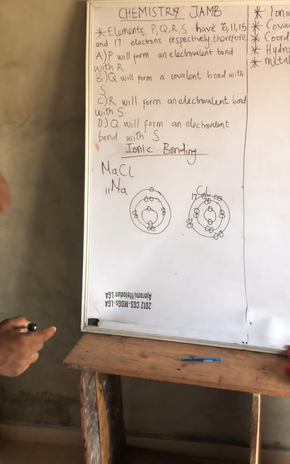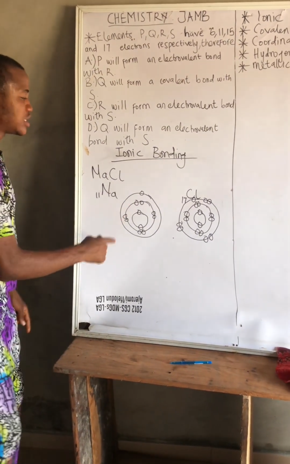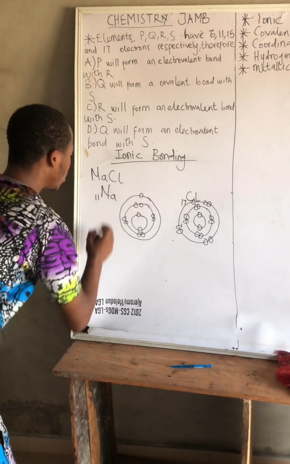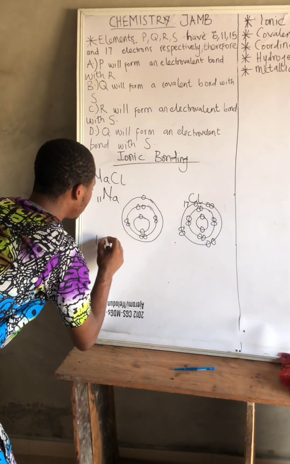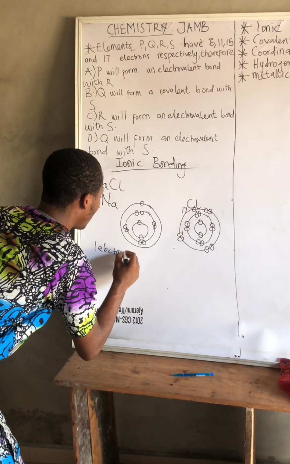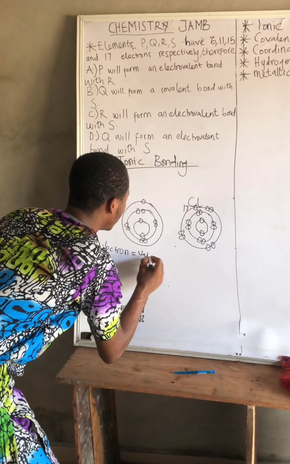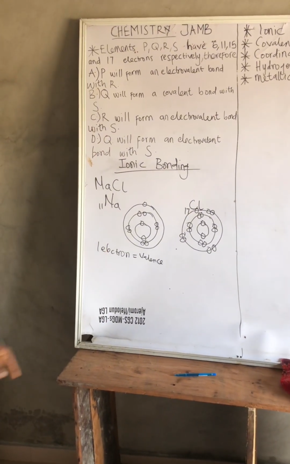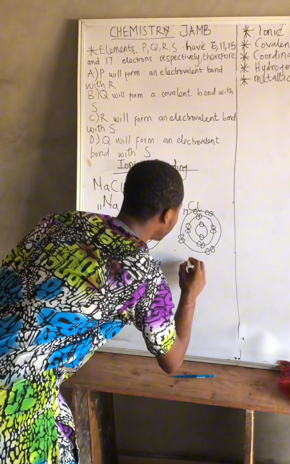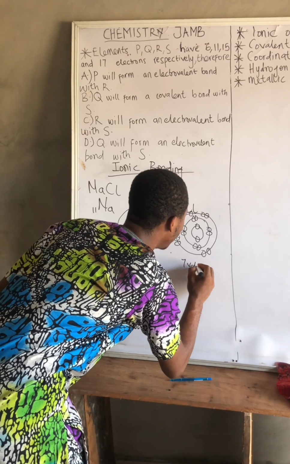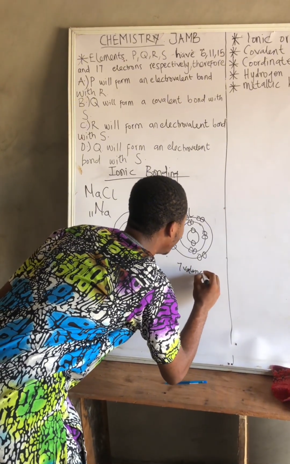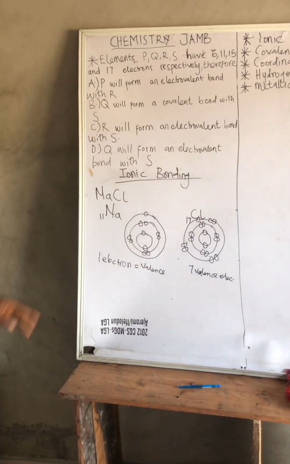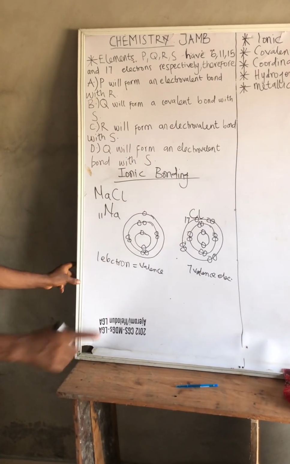You can see sodium has 1 electron on its valence shell, or let me say it has 1 valence electron. Chlorine has 7 valence electrons.